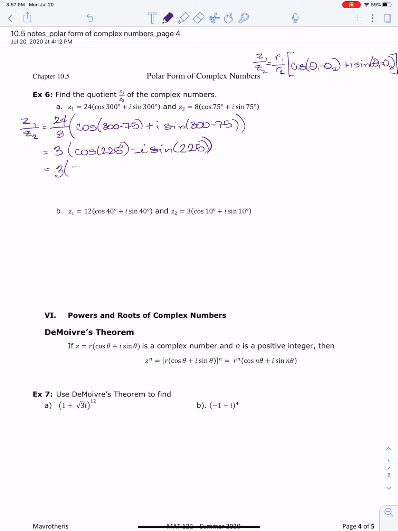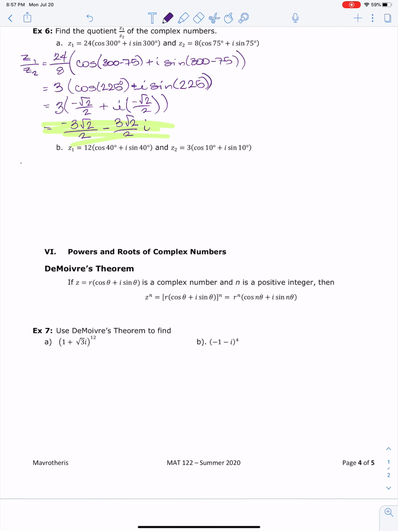So I've got 3 times negative square root of 2 over 2 plus i times negative square root of 2 over 2, which gives me negative 3 square roots of 2 over 2 minus 3 square roots of 2 over 2 i. And that's it.